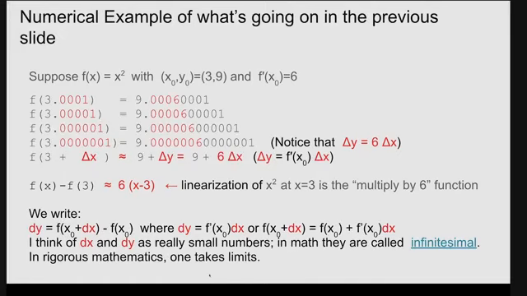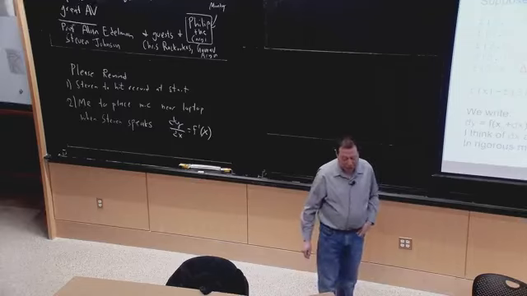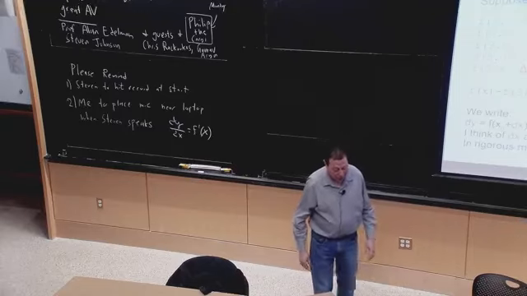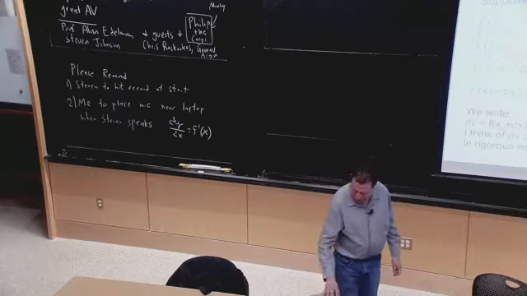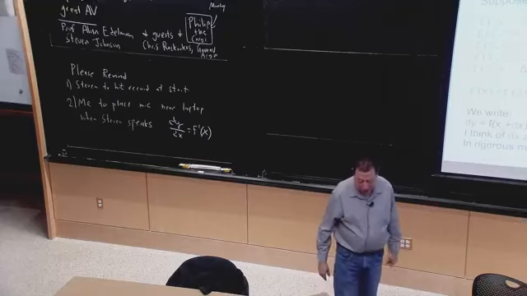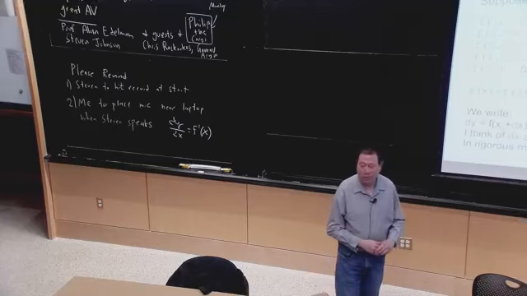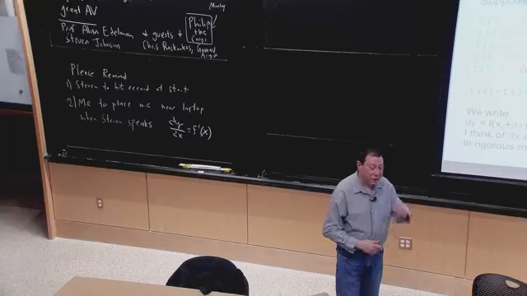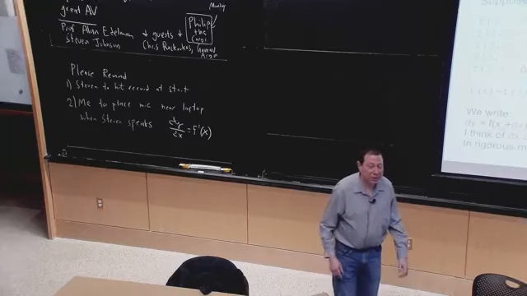I like to think of dx and dy as really small numbers on a computer. The mathematicians call them infinitesimals. There's a lot of rigorous math that makes infinitesimals work, which I think is a great human achievement, but of little value to practical computations.